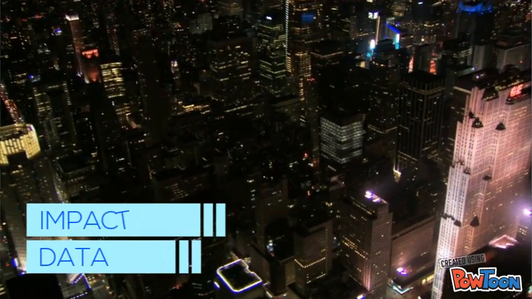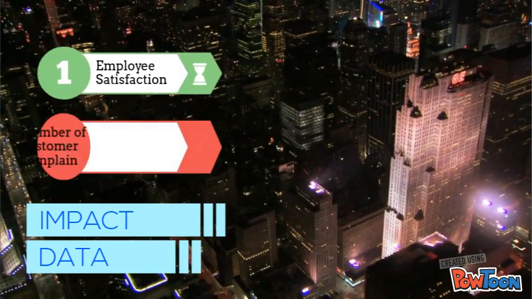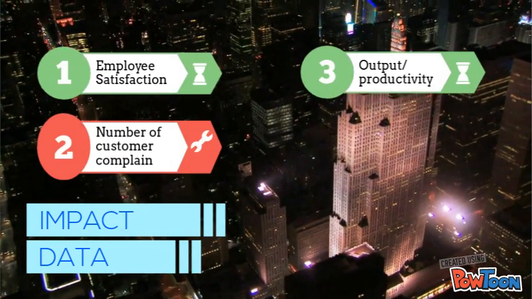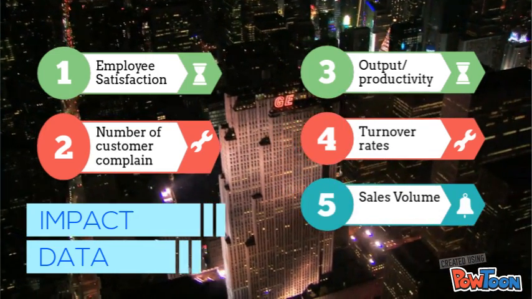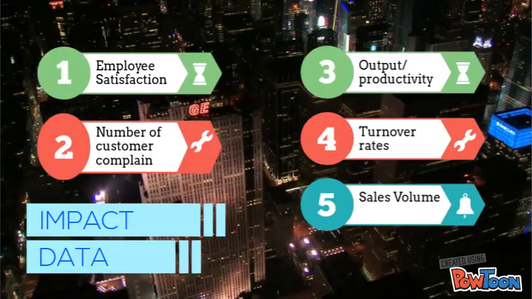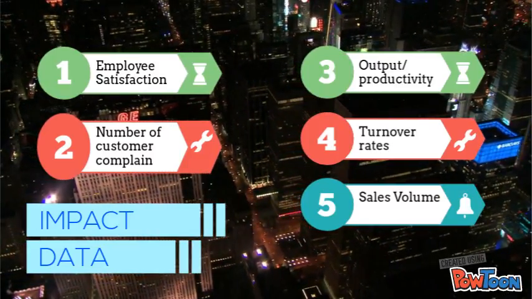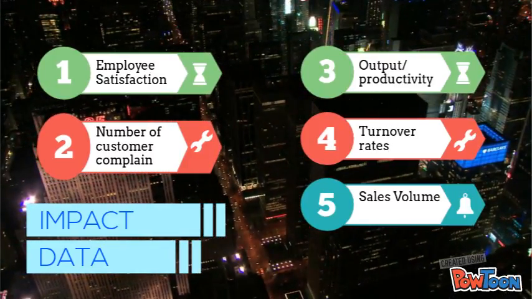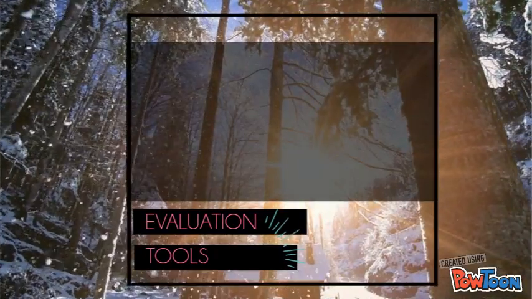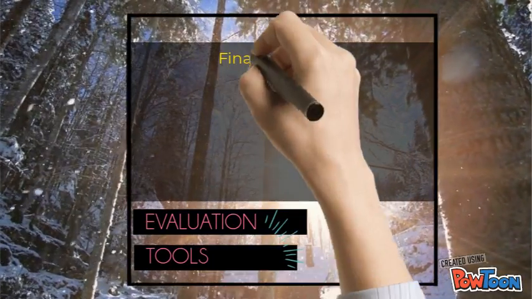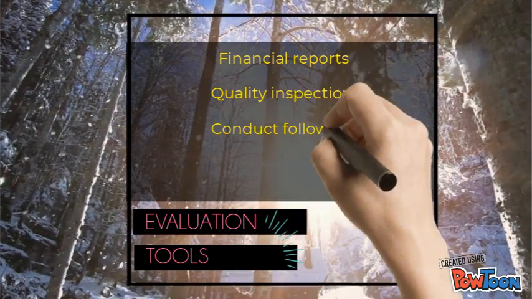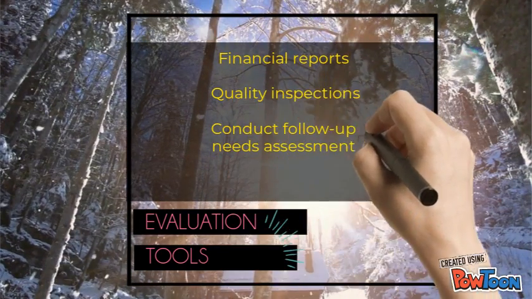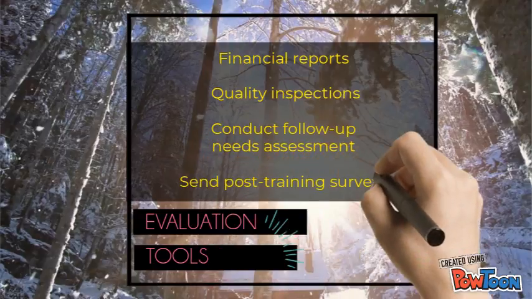Impact data of this level are: first, increase in employee satisfaction; second, decrease in the number of customer complaints; third, increase in output and productivity; fourth, decrease in the turnover rate; and the last one, increase in the sales volume. The evaluation tools for this level can be done through financial reports, quality inspection, conducting follow-up and assessment, and the last one, sending a post-training survey.